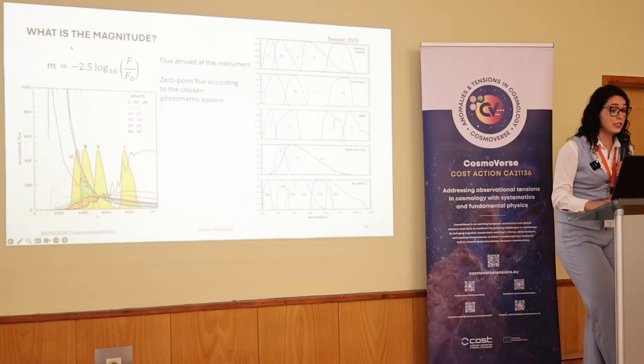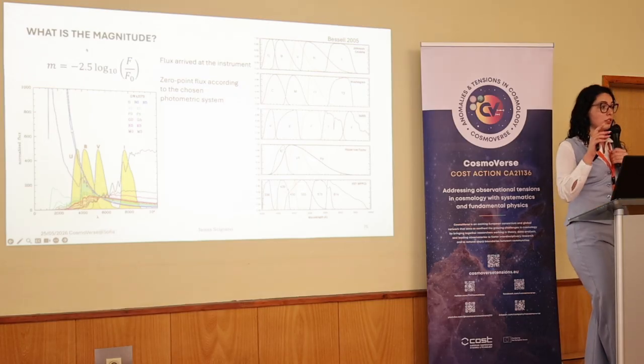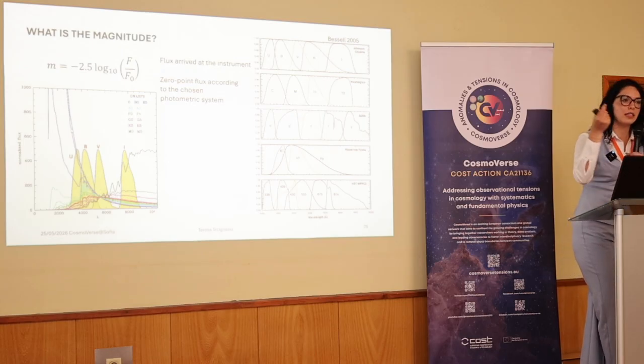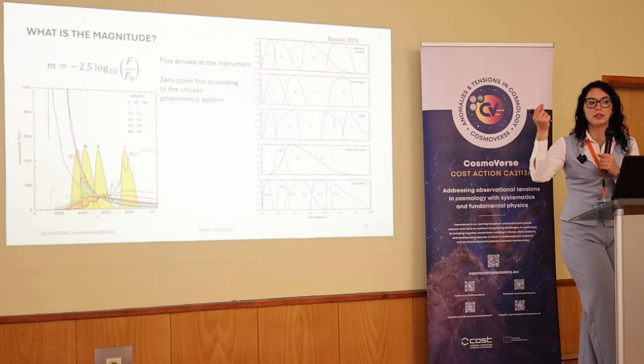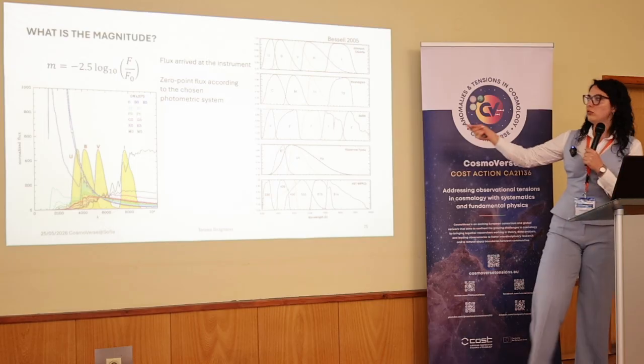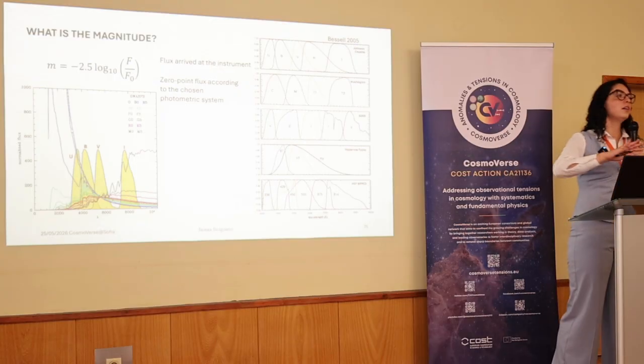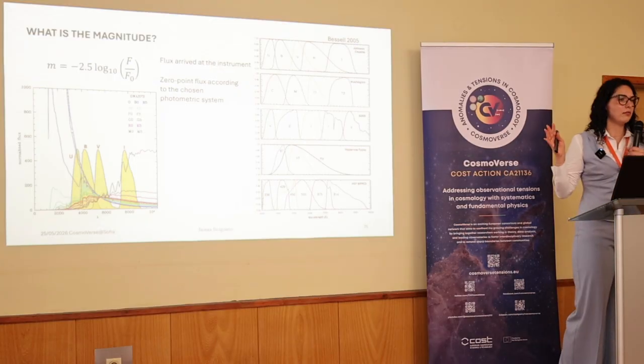And for these different zero-point fluxes, the power of the distance ladder is that they used only one instrument, HST. So they have only to do one correction. They do the same flux correction for all the stars that they are observing.